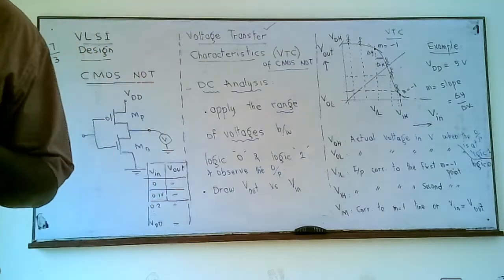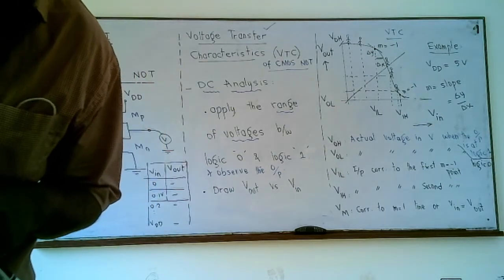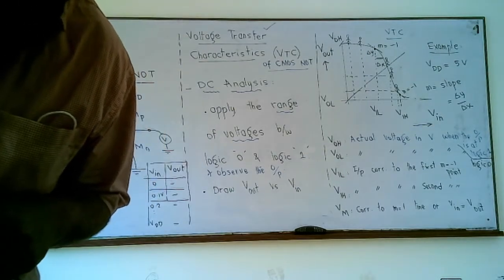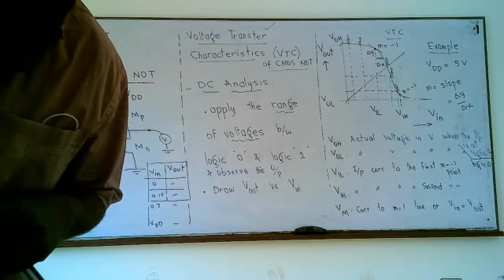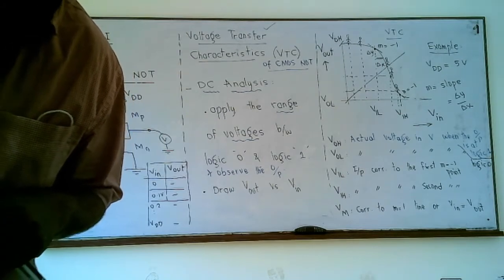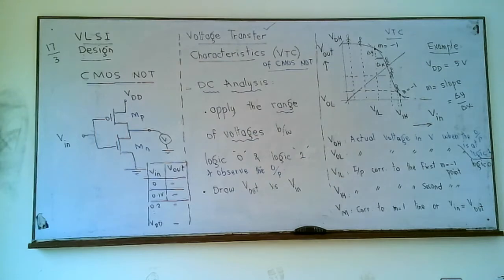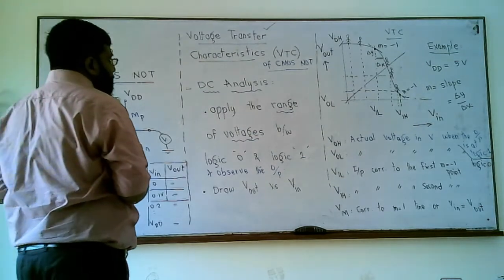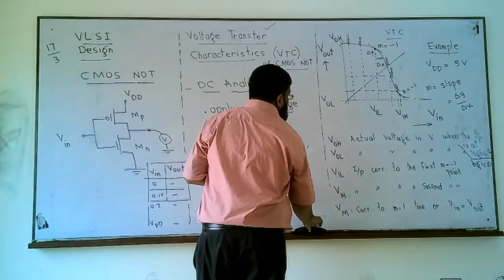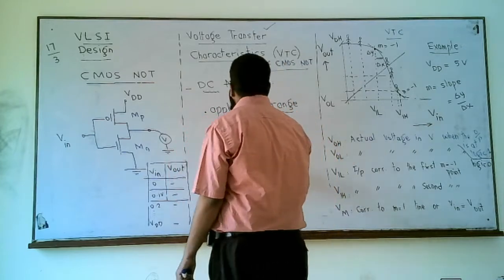We can mathematically calculate this Vm, as well as show it on the curve too, right?